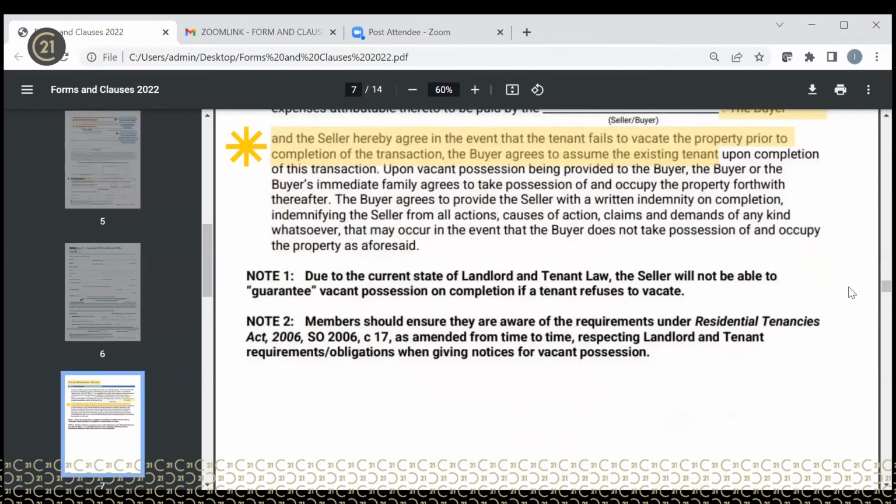So be aware of this, and please use the correct completion clauses when you are asking a seller to give notice to the tenant, and your buyer has to understand that the seller cannot guarantee vacant possession. Also, as a seller's agent dealing with tenants, please understand that you cannot guarantee vacant possession.